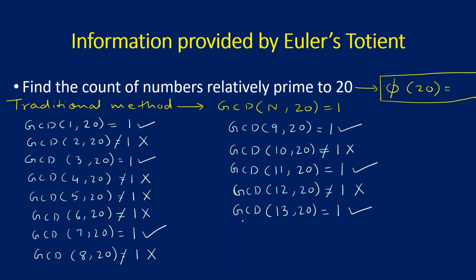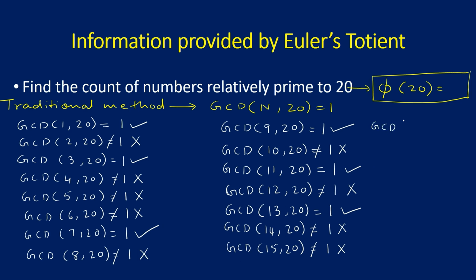So 13 and 20 are co-prime. GCD between 14 and 20. 14 and 20 can be divided by many other numbers other than 1. So GCD is not 1, and hence 14 and 20 is not co-prime. What about GCD between 15 and 20? 15 and 20 can be divided by many other numbers other than 1, and hence GCD is not equal to 1, and hence it is not co-prime.